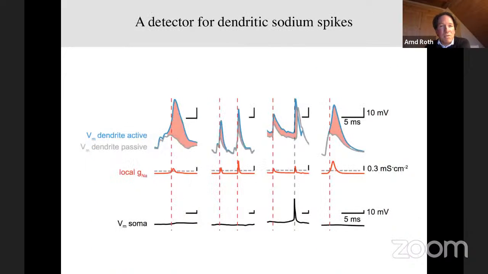What next? We want to study what's really happening in the dendrites. We just want to use the fact that the model gives us access to all of these variables, not just the membrane potential, but also the activation state of all the channels, the current through sodium channels, for example, or through NMDA receptors.